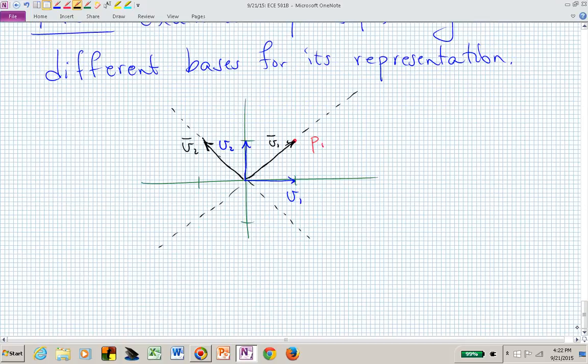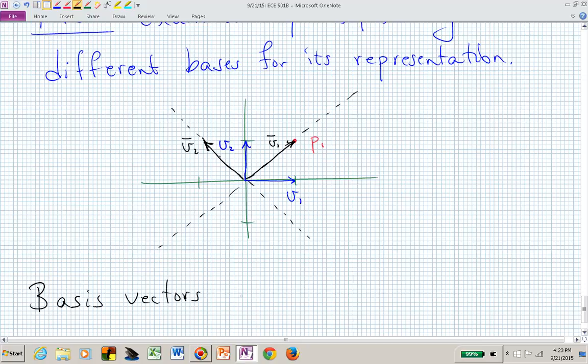Let me write those down. We now have two different basis vectors that we are going to use to represent the single point P sub 1.